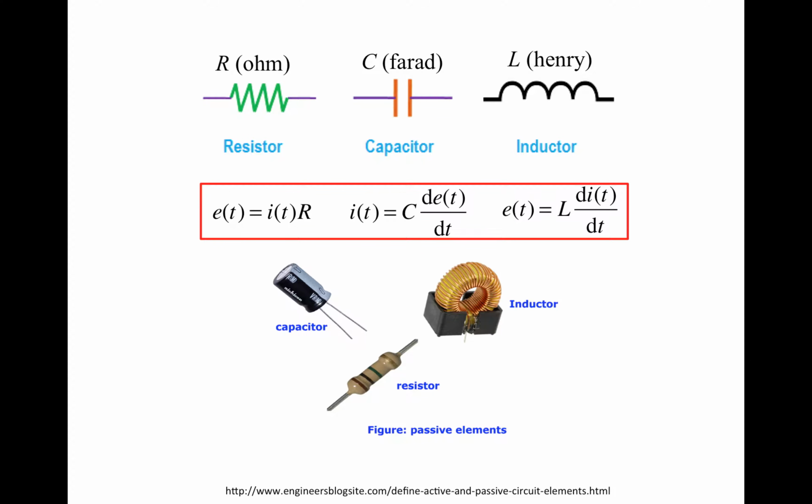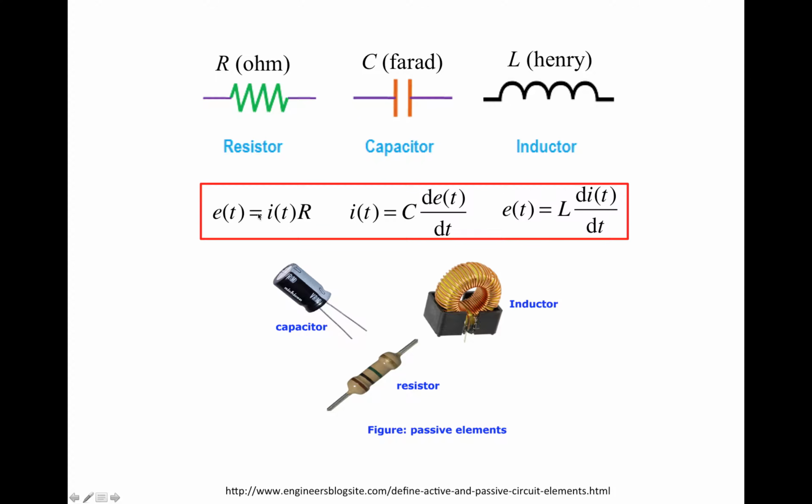So the resistor is mainly just an energy dissipation device, but the capacitor and the inductor are energy storage devices, and later on we're going to see how they actually store energy. The most important thing for us to remember is how the voltage across them, or the voltage change across them, is related to the current that's flowing through them. We have three equations here.